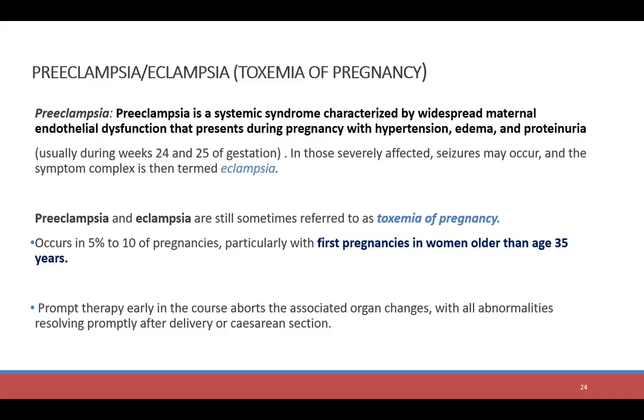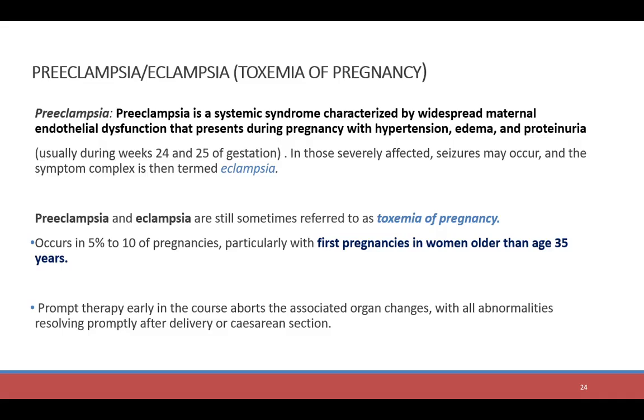Some people still call preeclampsia toxemia of pregnancy. In those affected, seizures may occur in addition, and the symptoms determine eclampsia. So when there's a seizure, we call it eclampsia.